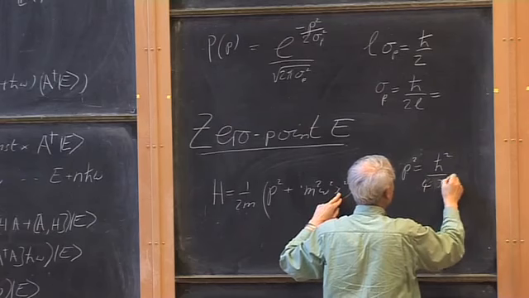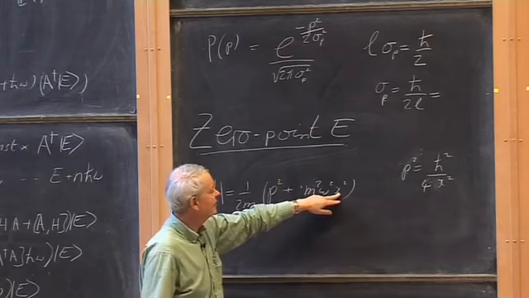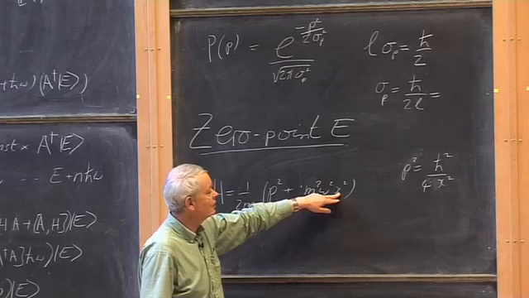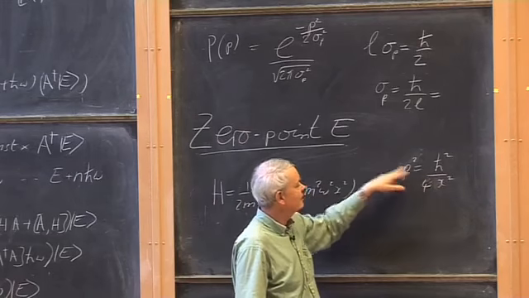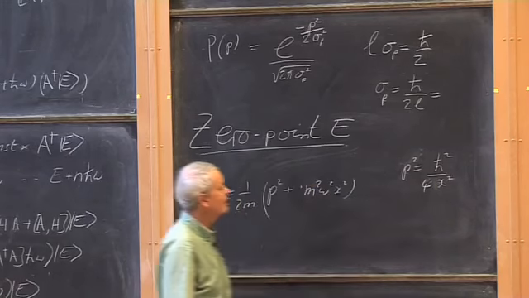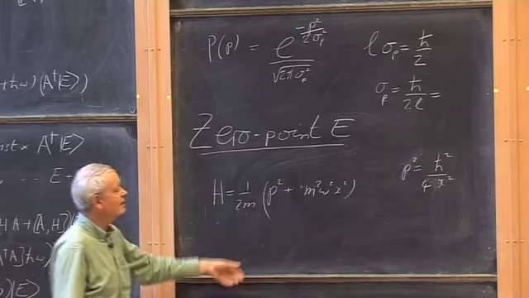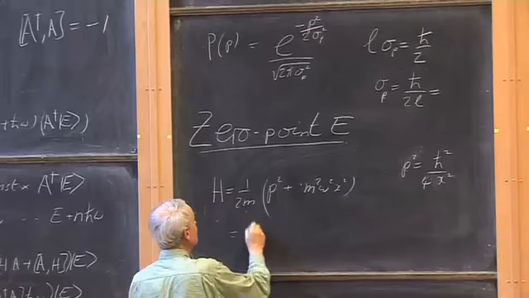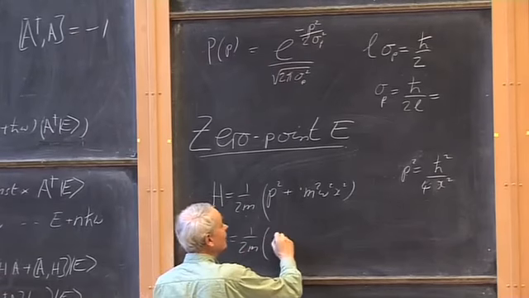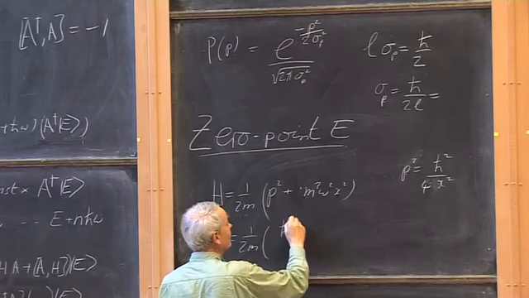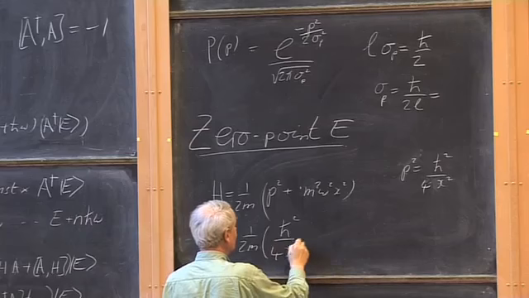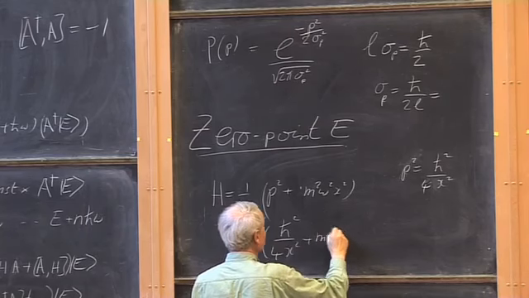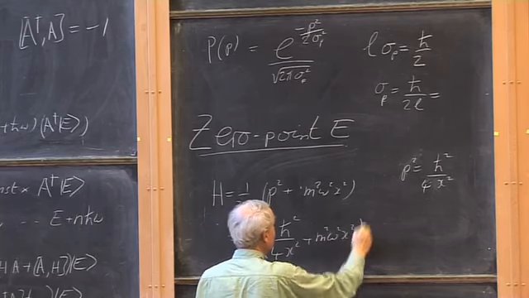For the ground state, x squared is essentially the uncertainty in x, so it's associated with the uncertainty in momentum in the same way. If you put this relationship in, you find that H is 1 over 2m times h bar squared over 4x squared plus m squared omega squared x squared.